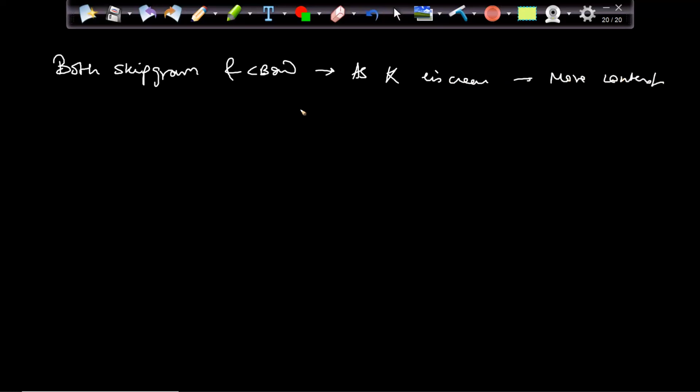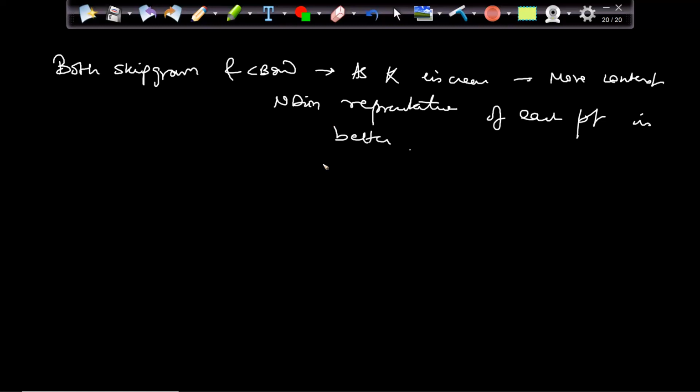One is, in both skipgram and CBOW, as my K increases, there is more context, and the dimension representation of each point is better. If K is increasing, then the representation of the words is better.